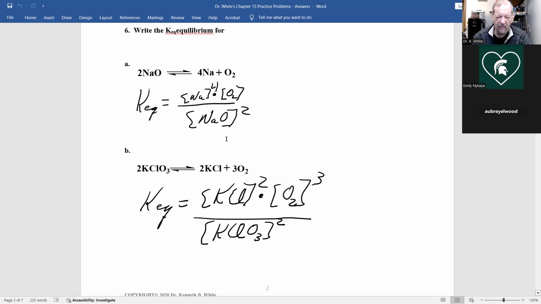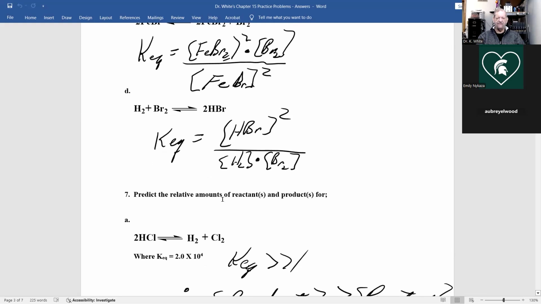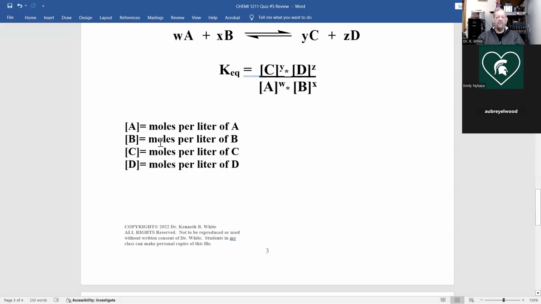Now, it's divided by the reactants on the left, sodium oxide, and notice the coefficient is 2, so it's the second power. And I have other examples here too. And remember, when we put it in brackets, that means moles per liter concentration.